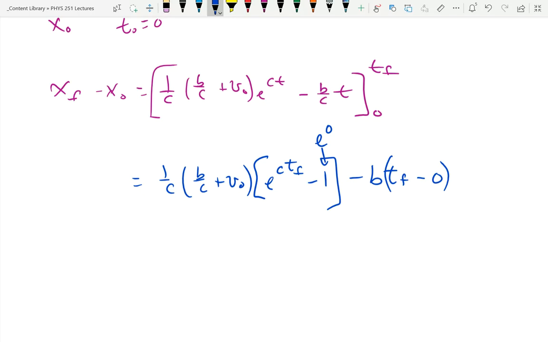So I do it both ways depending on what I have. In this case, the first term is easy to do with the 2 limits, and the second term is easy to do with 2 limits. So I did that. Sometimes I do exactly what we do. At this point, I could drop the 0 and change my t finals to t's.